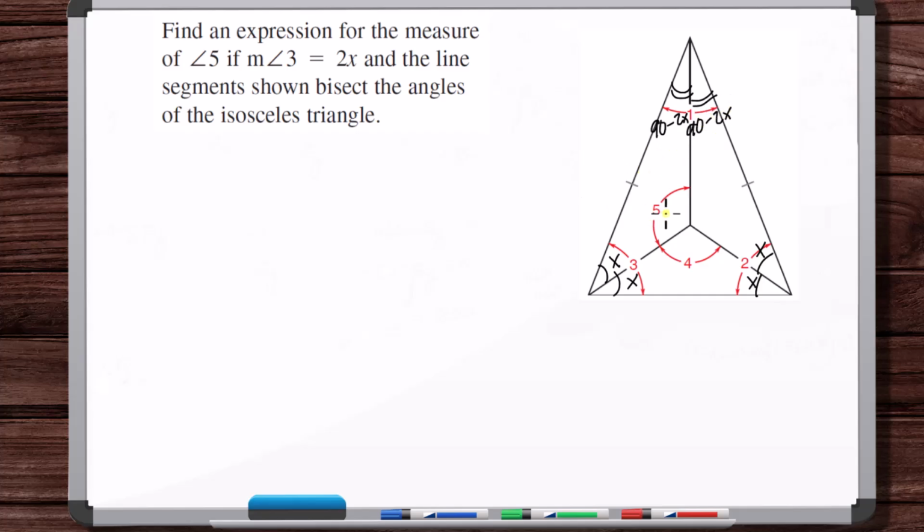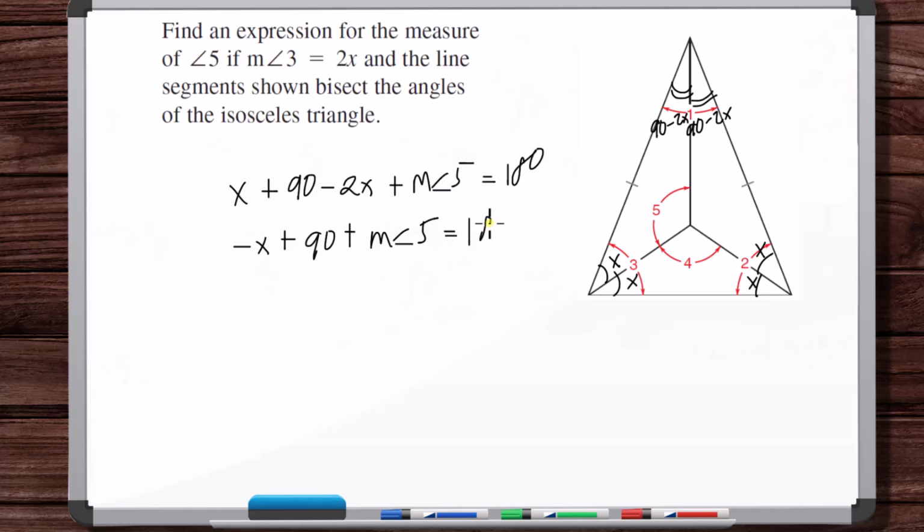Now we can say that x plus 90 minus 2x plus the measure of angle 5 is 180, because you have a triangle here. So x minus 2x is minus x. Measure of angle 5, add x to both sides, subtract 90 from both sides. There you go.